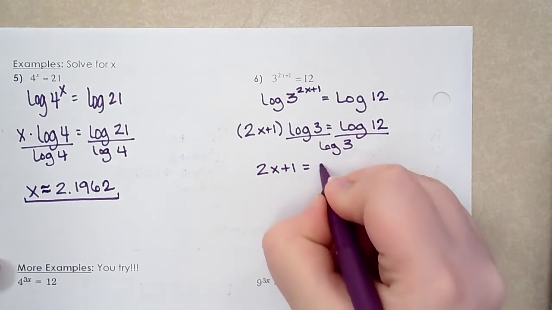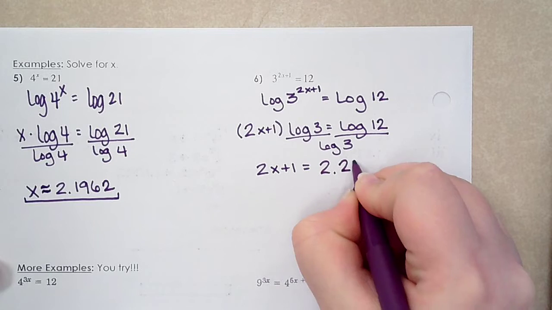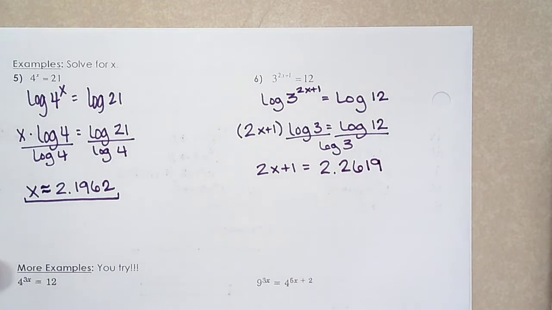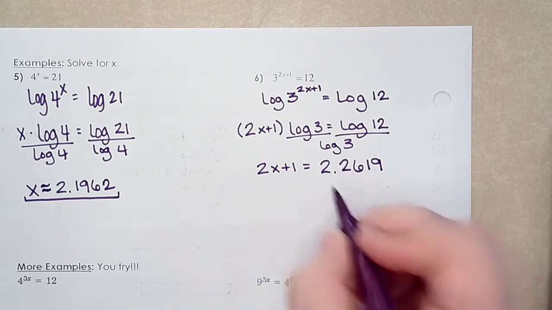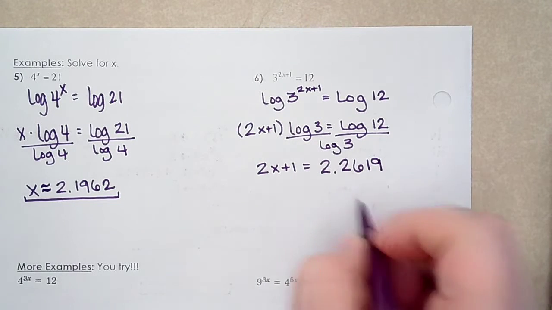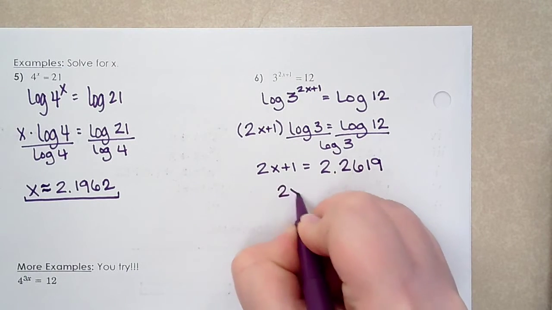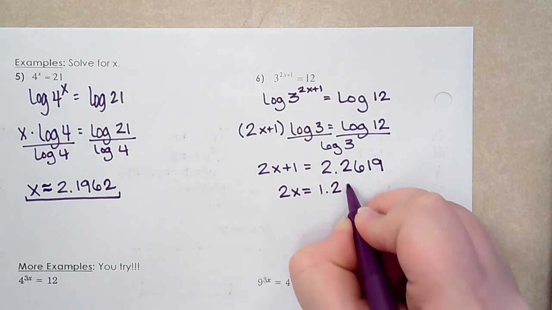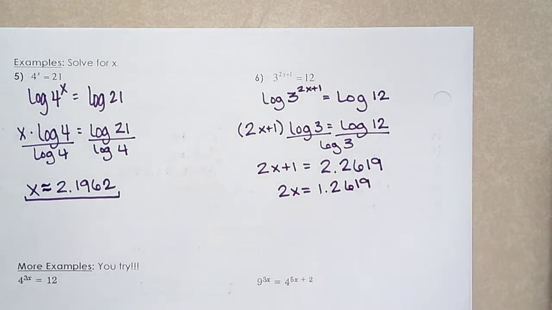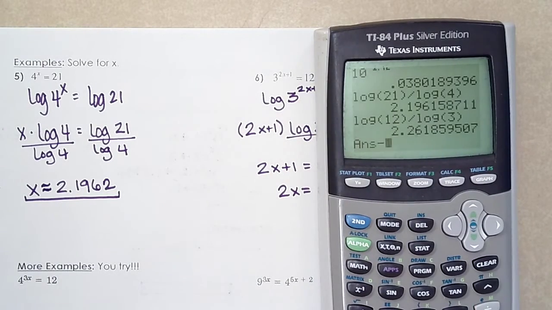2.2619. I could go out further, but I'm not going to. Subtract the 1 over, that's just an algebra rule. I get about 1.2619. I guess I could do this in my calculator too.